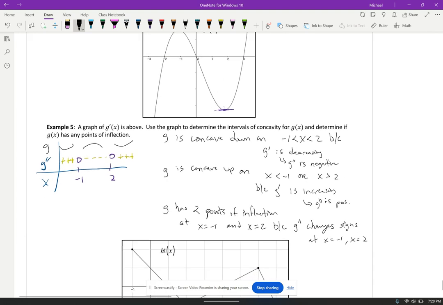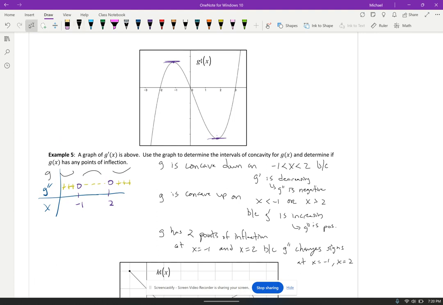And just like that, again, we're analyzing the graph we can't see. We're analyzing the graph of g, the original function, by looking at the graph of g prime and using the graph of g prime to extract second derivative values which describe the concavity of the original function.